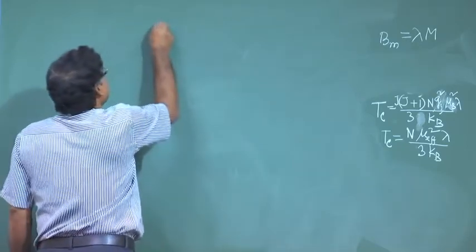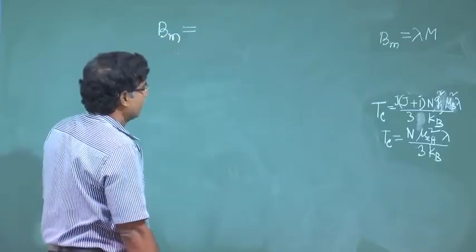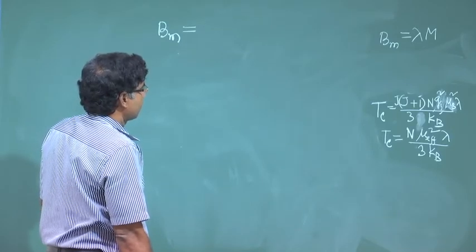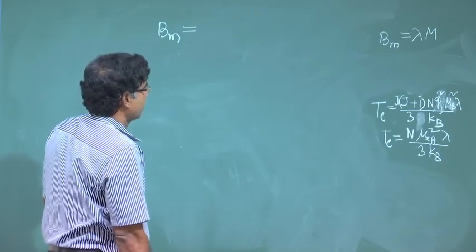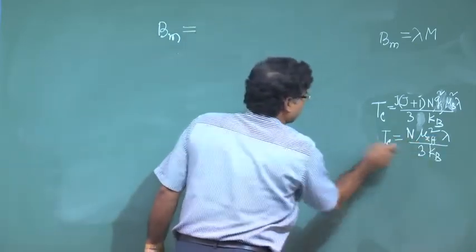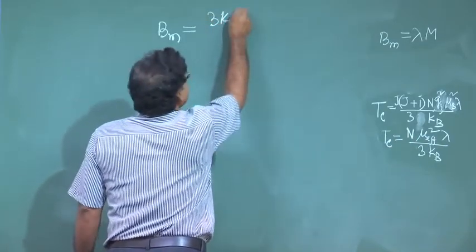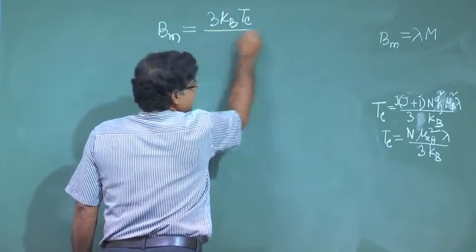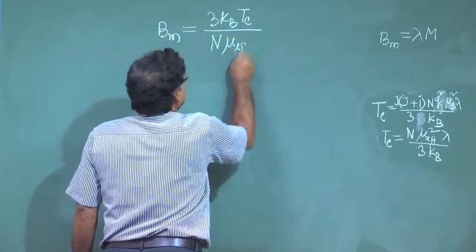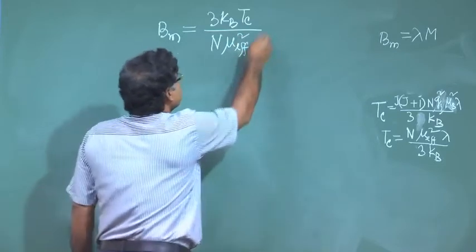If I calculate the molecular field Bm, then I will get lambda. What will be the lambda? It will be 3 kb Tc divided by n mu effective square, right, and into m.